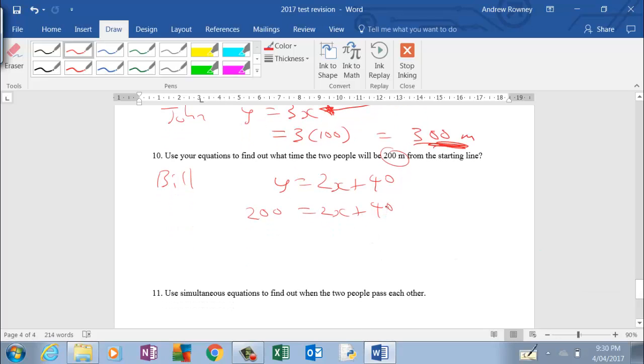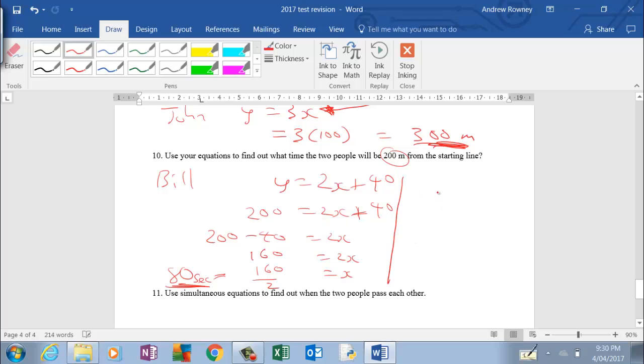So to solve that, that's plus 40, take it over the other side, it'll be minus 40, and so we're down to 160. And now that's times 2, to get on the other side we've got to divide by 2. So the answer is 80 seconds. So after 80 seconds, Bill will be at the 200 metre mark.